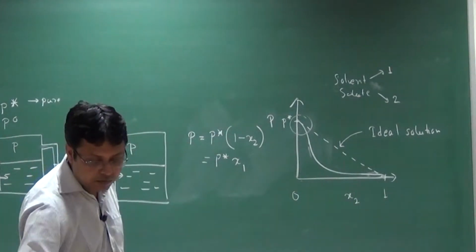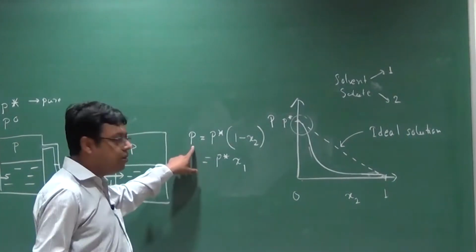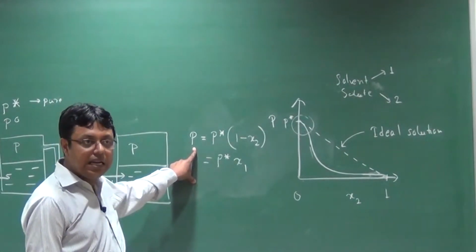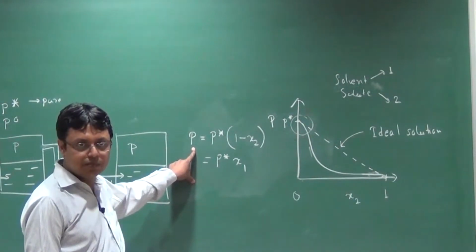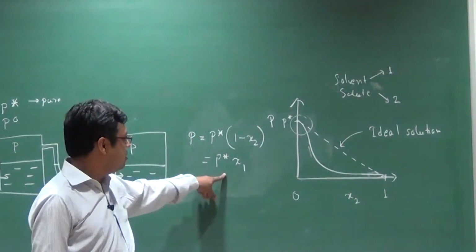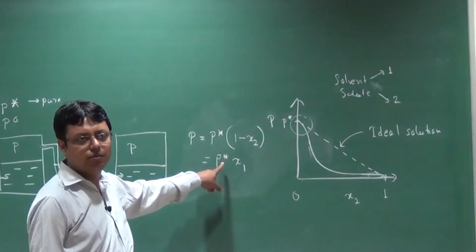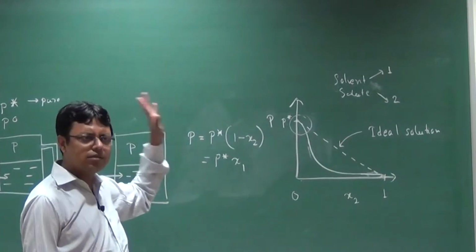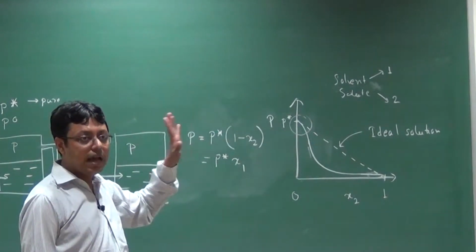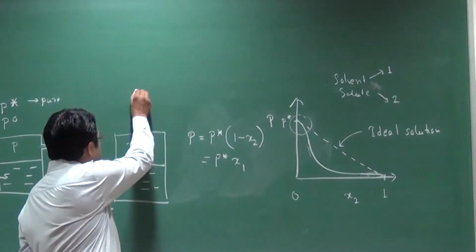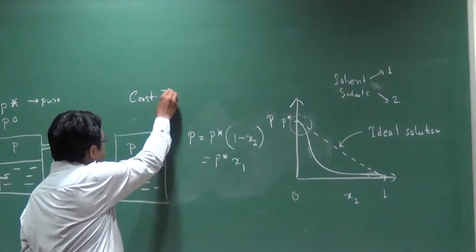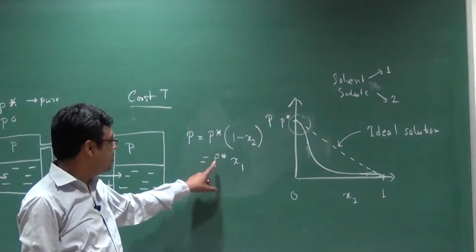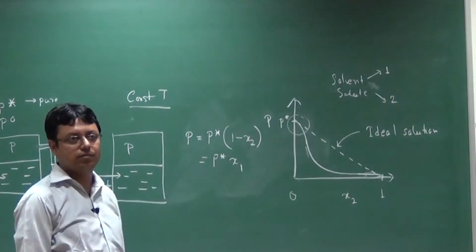Now look at it very carefully. What we wrote is the pressure. Which pressure is it? It's the vapor pressure in presence of the solute. P star is a constant. Why? Because P star corresponds to when the solvent is in pure form, whichever condition you measure, as long as you have constant temperature. So P star is constant, which means P is proportional to x1.